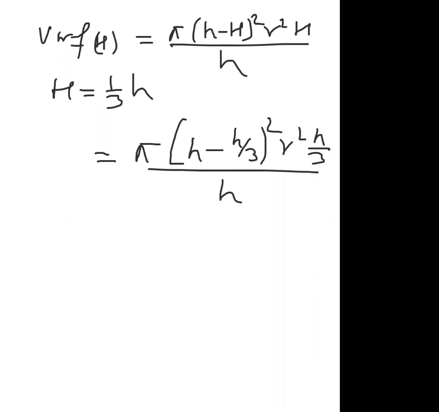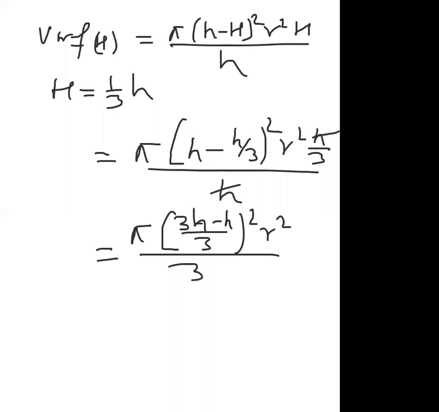And then also one thing more is left with us. So first of all, this much we are going to do. Pi, it becomes LCM, (3h minus h) whole square r square upon 3.